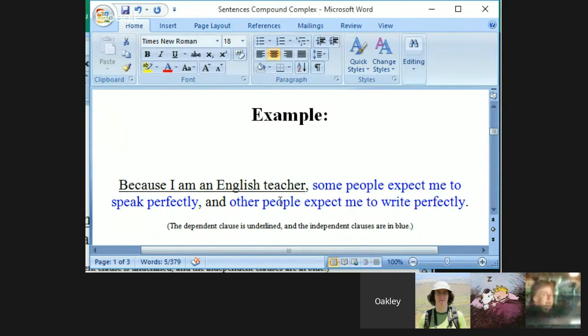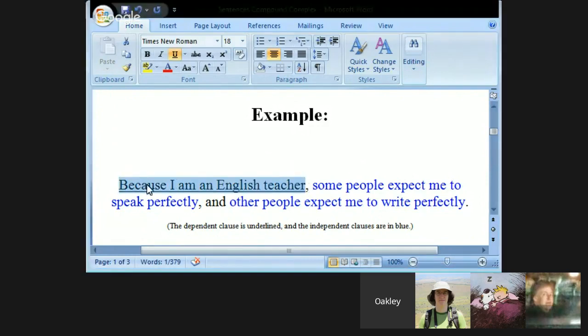It doesn't matter. All right, example of a compound complex sentence. Here's one now. Because I am an English teacher, some people expect me to speak perfectly, and other people expect me to write perfectly. Okay. Dependent clause, beginning with because, which we've already identified as a subordinator.